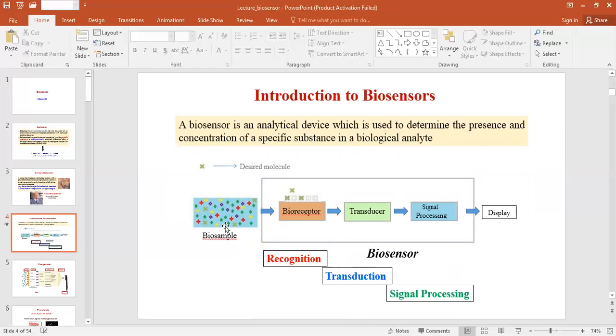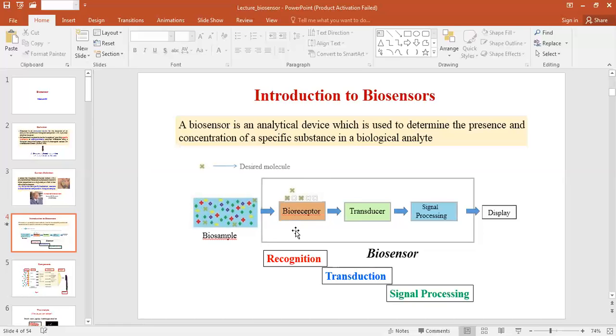It may be a urine sample, blood sample, sputum, whatever it is. So a mixture of molecules is there, from which we have to pick the desired molecule. And who is picking the desired molecule here? It is the bioreceptor that is picking the desired molecule from the mixture of biomolecules.